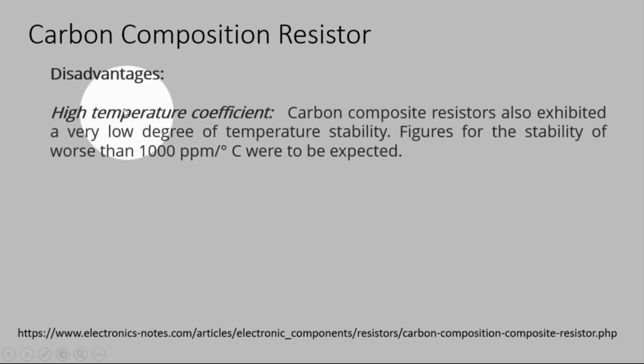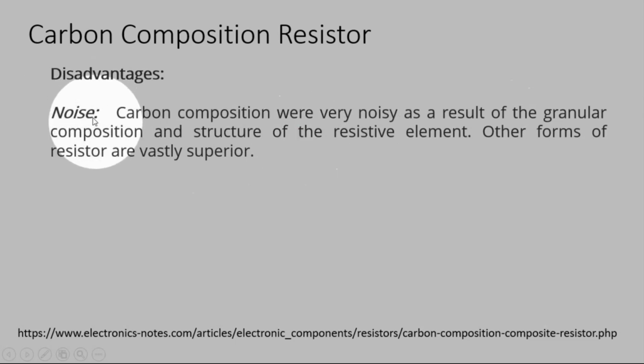The other one is the high temperature coefficient. The figure for the stability of the CCR is worse than 1000 parts per million per degree Celsius. This is what you can expect of it. It has a very low degree of temperature stability. The other one is the noise.